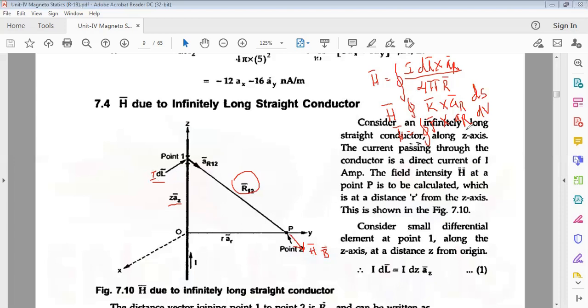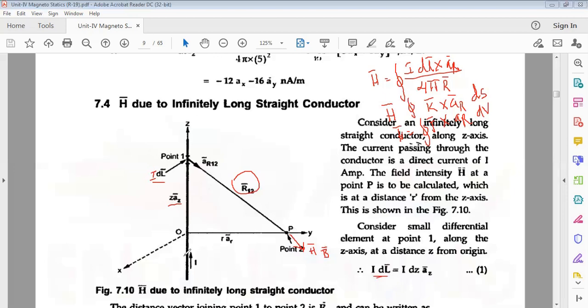So we consider an infinite straight conductor along the z-axis. The current passing through the conductor is a direct current I. The field intensity H bar at a point P is to be calculated, which is at a distance r from the z-axis. Consider a small differential element dl bar at point 1 along the z-axis, at a distance z from the origin.